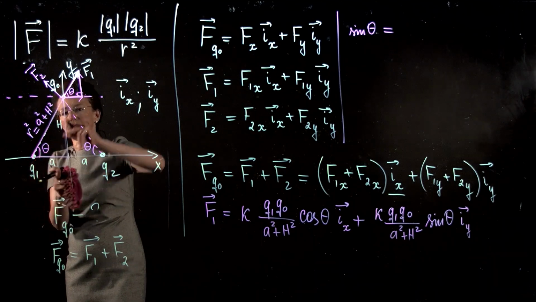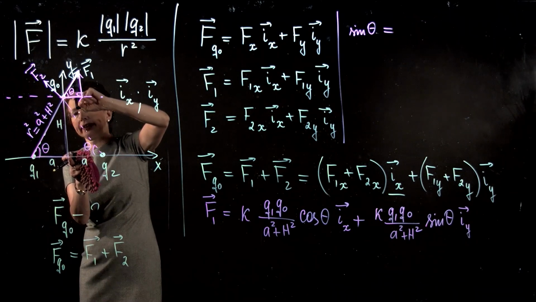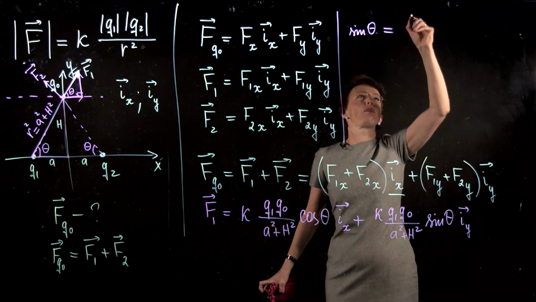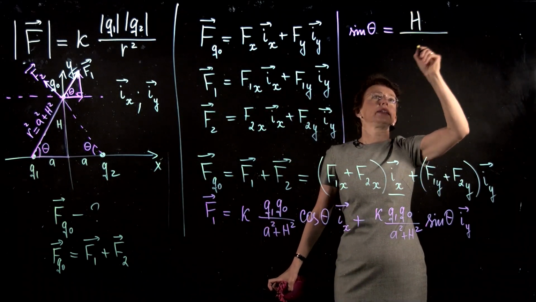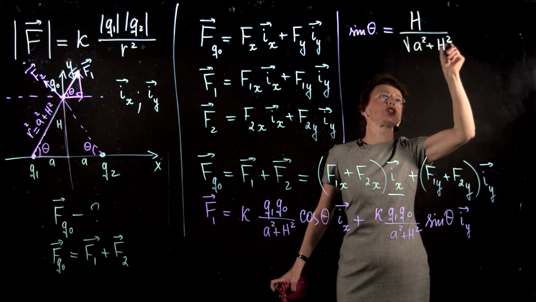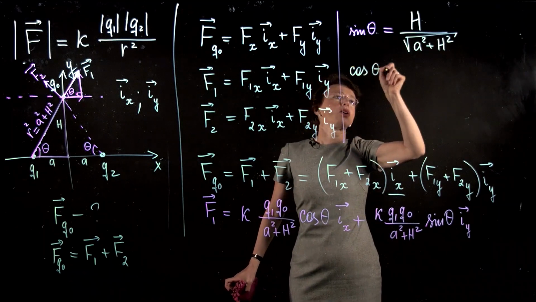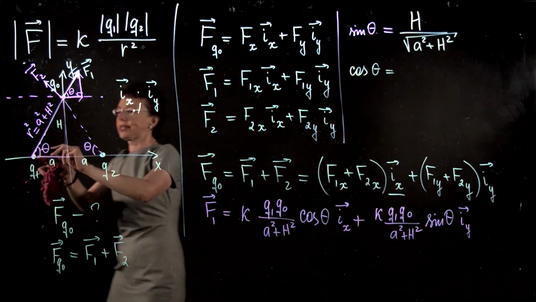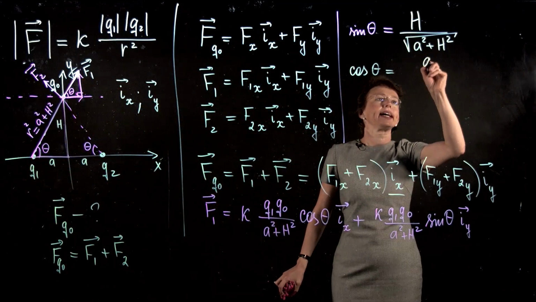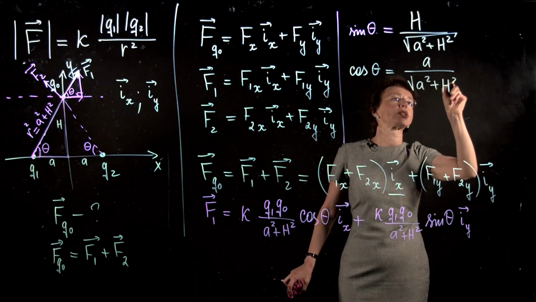Sine theta is the opposite leg, which is h, divided by the hypotenuse, which is the square root of a squared plus h squared. What is cosine theta? I use the same triangle: it is a divided by the square root of a squared plus h squared.